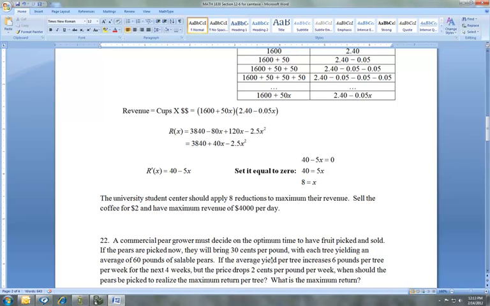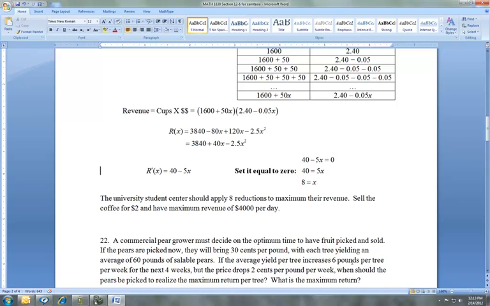If the average yield per tree increases 6 pounds per tree per week for the next 4 weeks, but the price drops 2 cents per pound per week, when should the pears be picked to realize the maximum return per tree? What is the maximum return?